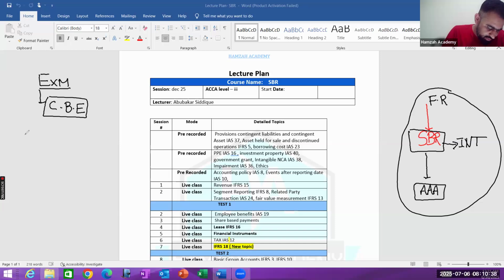And the paper will consist of two parts, part A and part B.